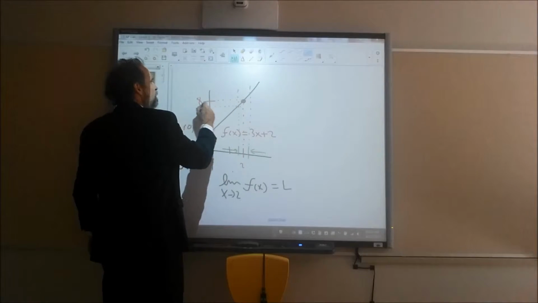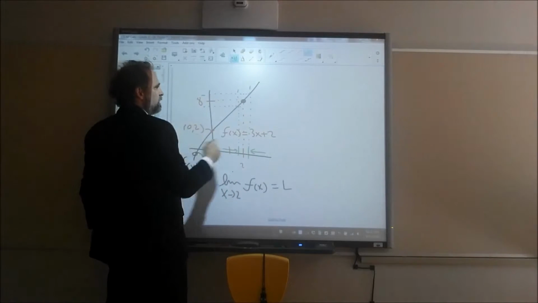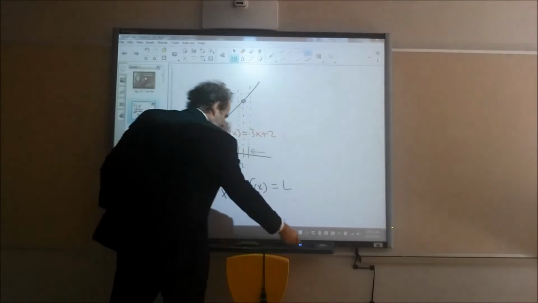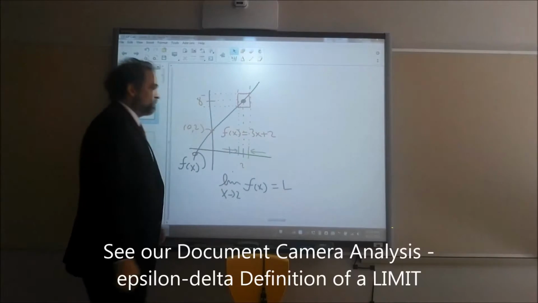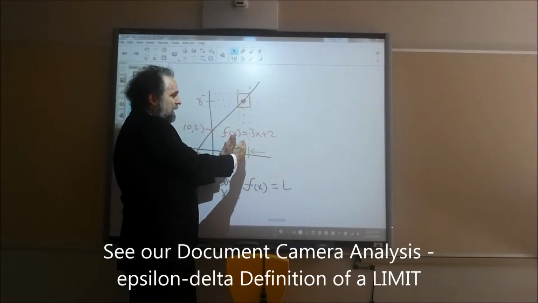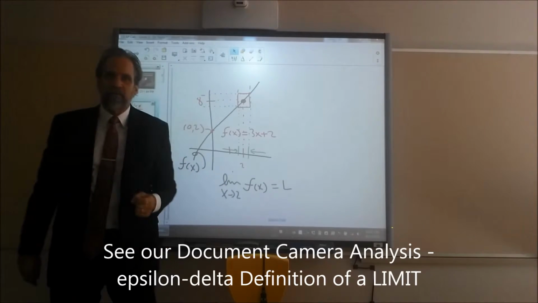So you can see my output for 2 is here on the left and 2 is here on the right. You can see that? And what that creates is a box. And basically, as I squeeze this box more, it vertically squeezes until that box closes on the limit.